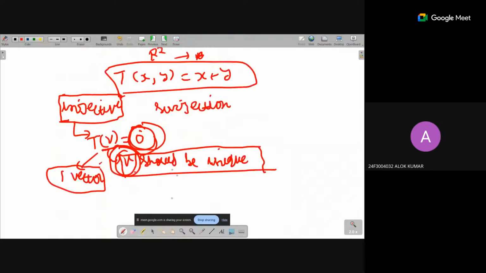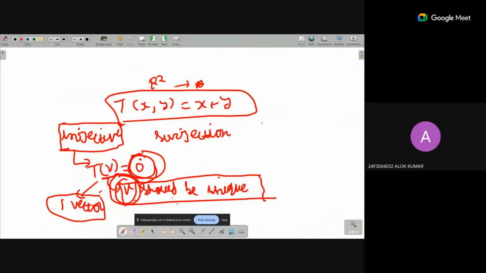So let's find it. If I say that T(v) is equal to 0, then can we write this as x plus y is 0? Yes, we can. So x plus y is equal to 0, which means x is equal to minus y.